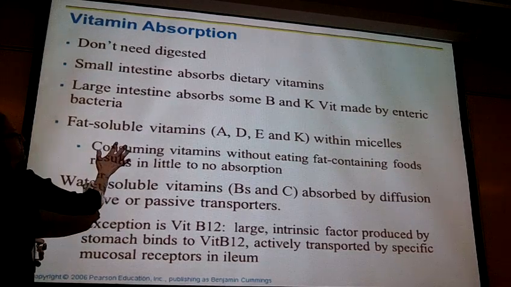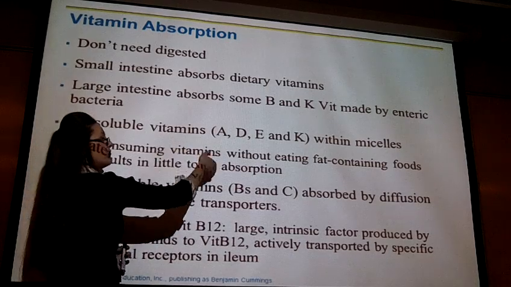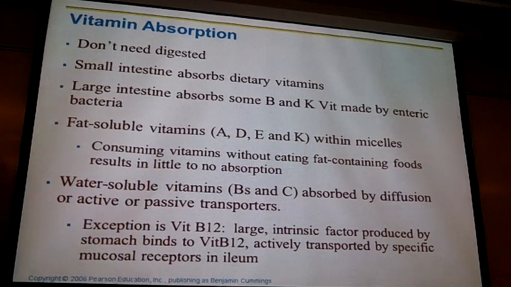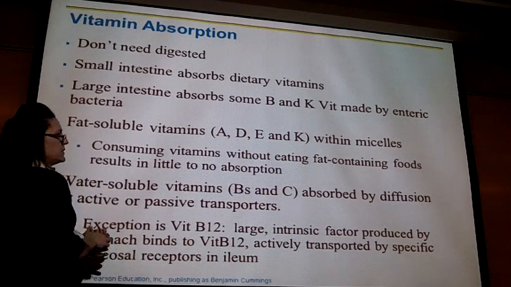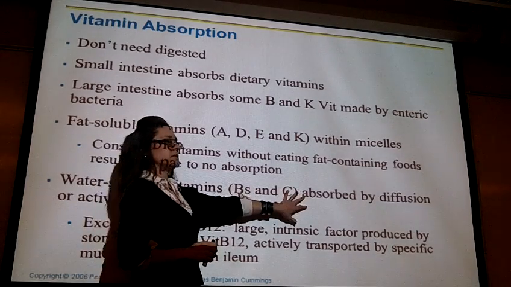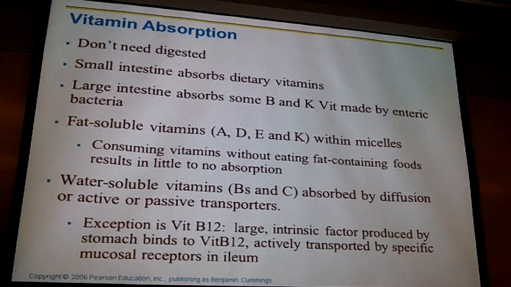So they're going to get absorbed with your fats through the lacteals and then eventually end up in the circulation. Now, the water-soluble vitamins, these would be your B's and C's, and these are going to get absorbed via little pumps or little transporters.